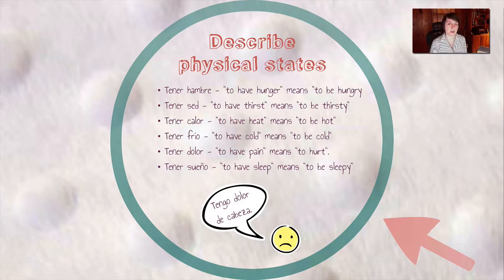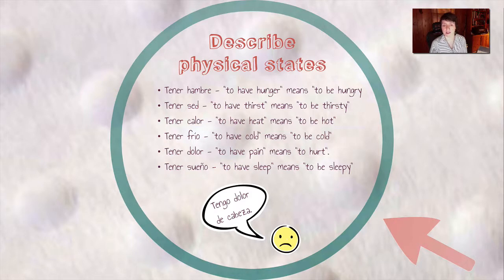To some of you who speak other Romance languages, this will be easy because we do the same thing, for example, in French. Okay, repita por favor. Tengo hambre. I'm hungry. Tengo sed. I'm thirsty.